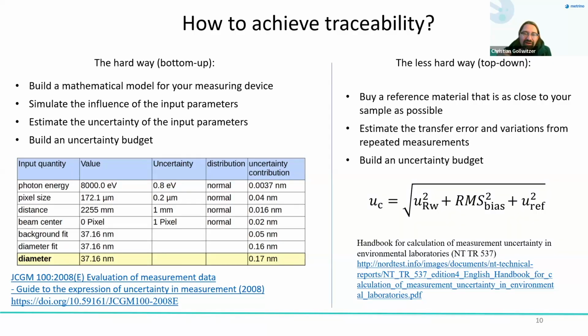Then you can run a certain series of measurements by measuring this reference sample, see what your device reports, then do repeated measurements on the sample on several aliquots. And by that, you can estimate the so-called top-down uncertainty. I've also put a reference here for how to do this. And then it's relatively easy, but the requirement actually is to get hold on this reference material.